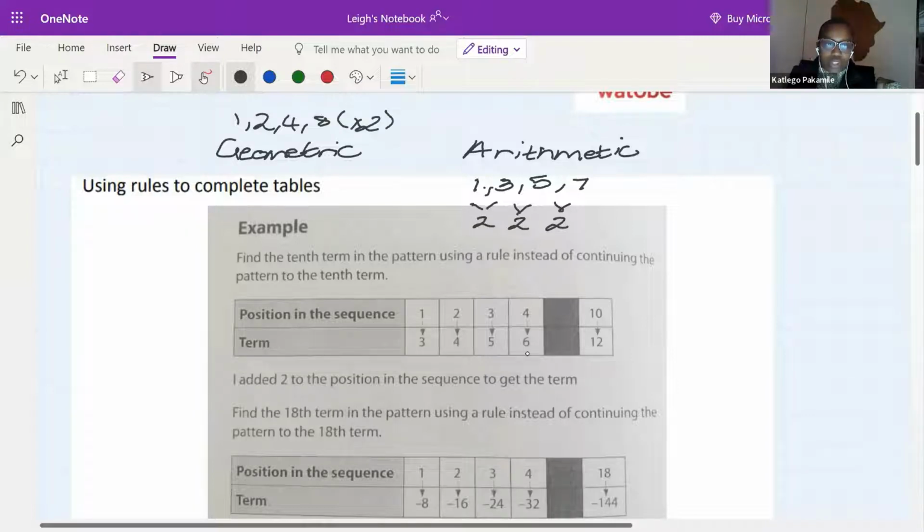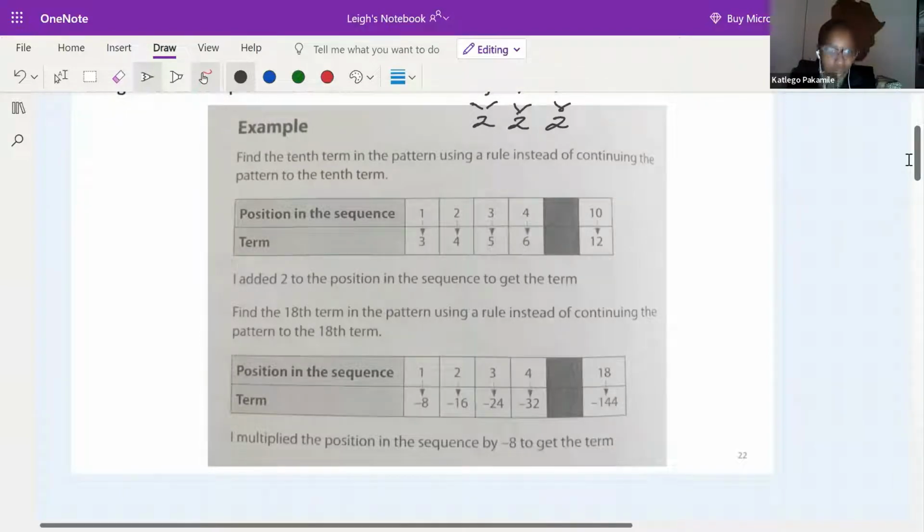So the two different patterns we did were arithmetic and geometric, right? In one we are multiplying or dividing by the same number, and in the other one we are adding or subtracting the same number. So now we are moving on to rules, okay? Certain rules for how you can find patterns. Let's look at our first example.